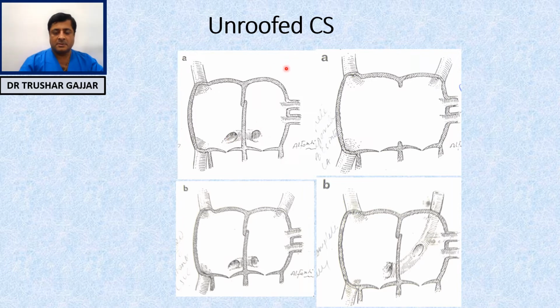The left superior vena cava, or the left cardinal vein, remains patent instead of regressing, and it will have an opening on the left side, or it opens itself into the roof of the left atrium, or it will have a dual opening, or there is a totally unroofed coronary sinus, or the whole LSVC is draining into the coronary sinus but there is an opening in the middle of the LSVC which drains into the left atrium.